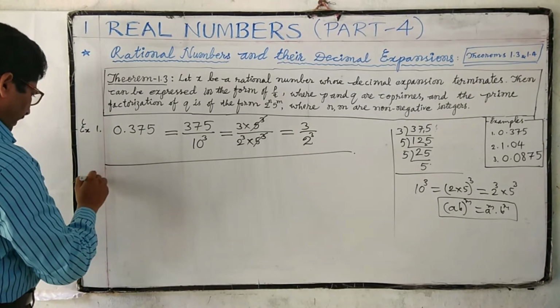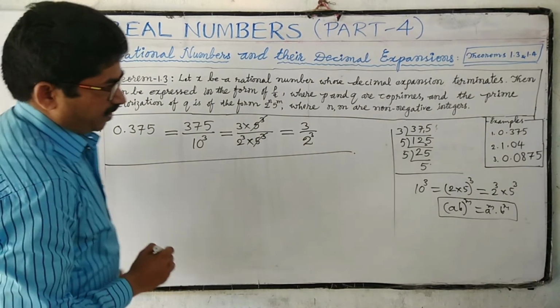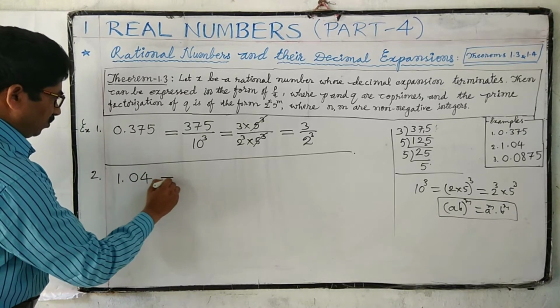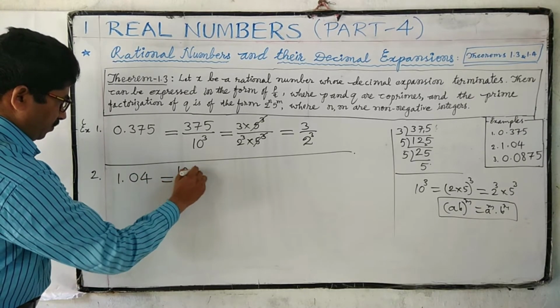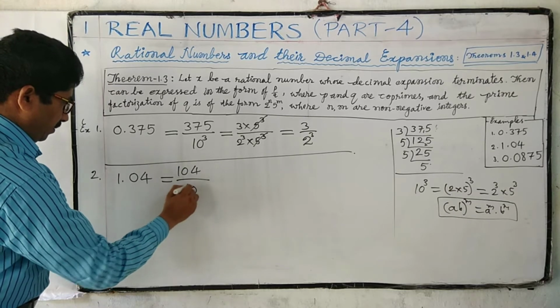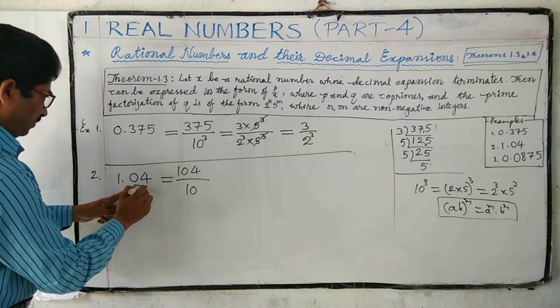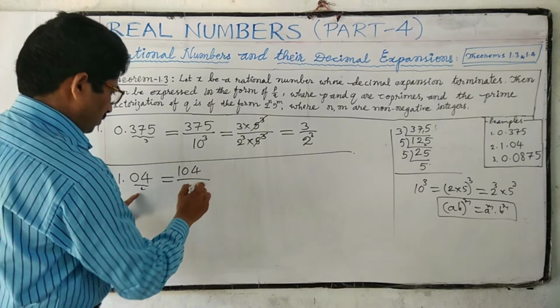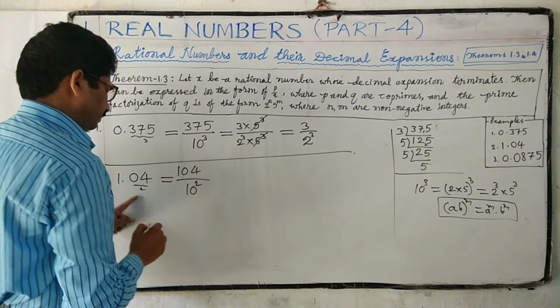Next, example 2: 1.04 is equal to 104 by 100. Here we have two decimal places, so 10 square.